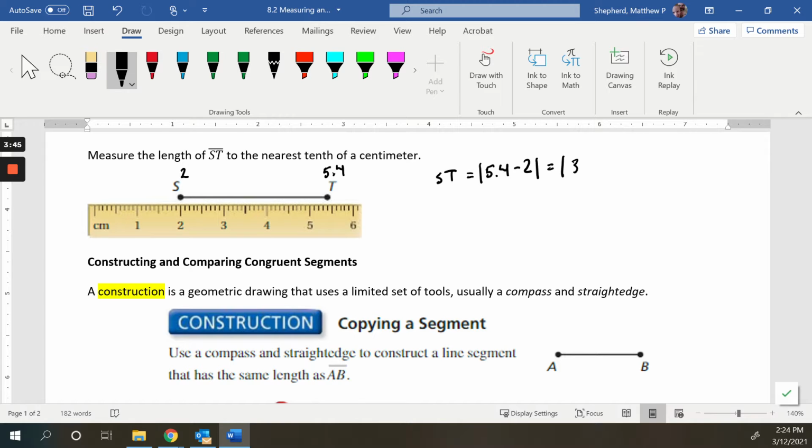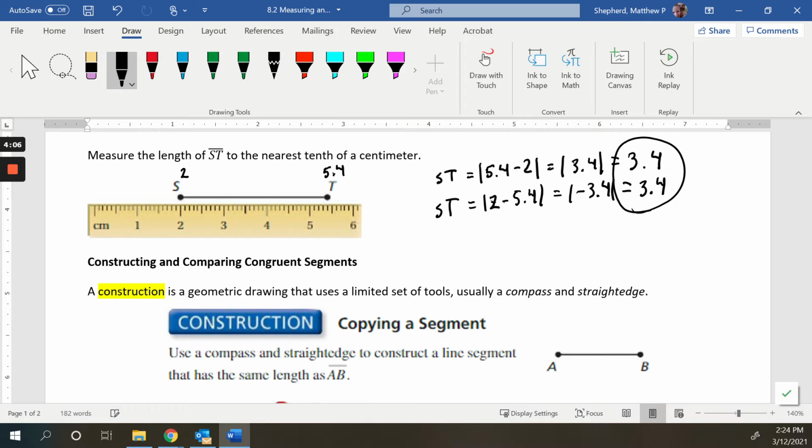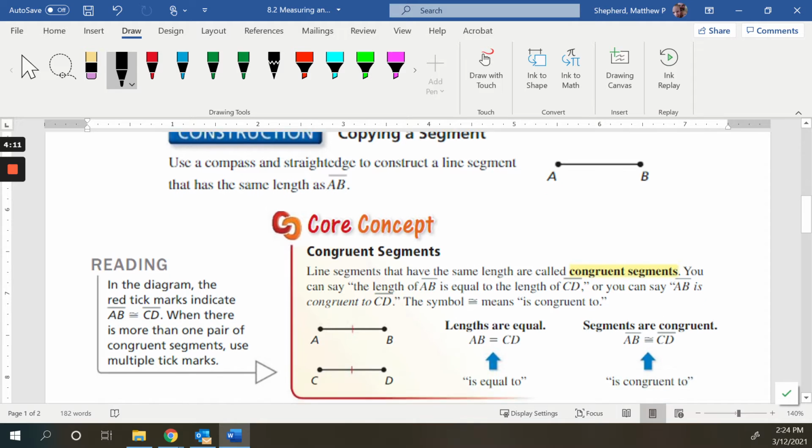So that's going to give me an absolute value of 3.4, which is just 3.4. We also could have written it as 2 minus 5.4, and that would have made this a -3.4, but when we do the absolute value of -3.4, we get the same thing. So either way, it comes out the same.